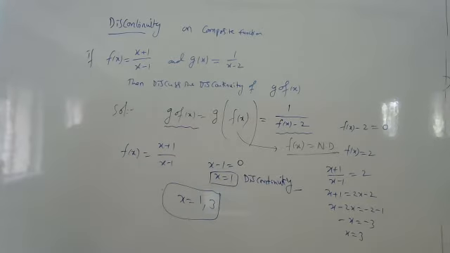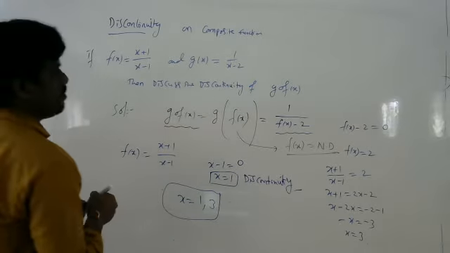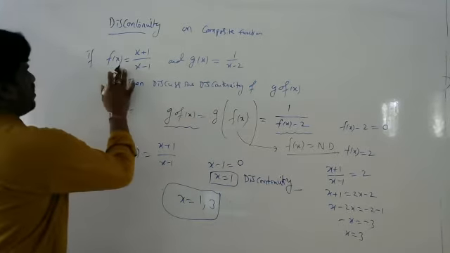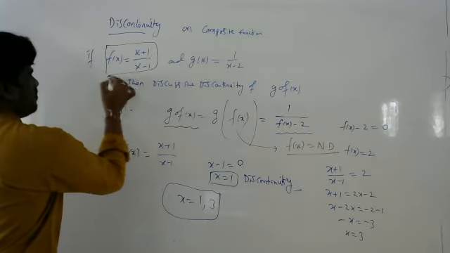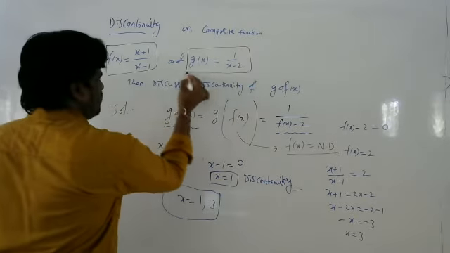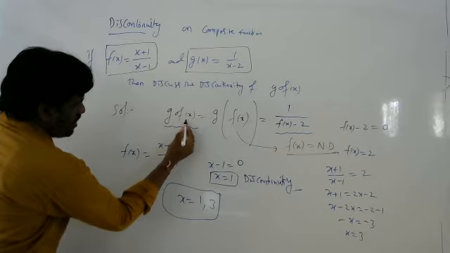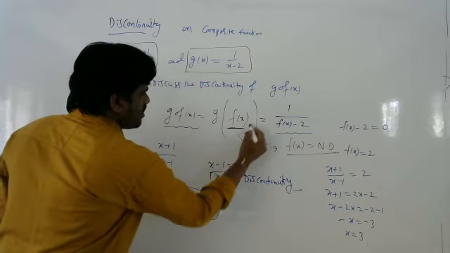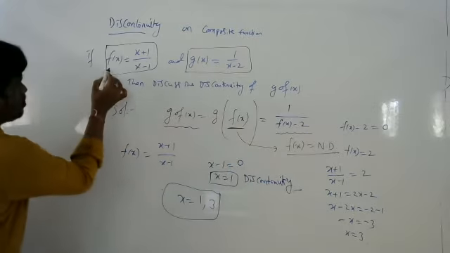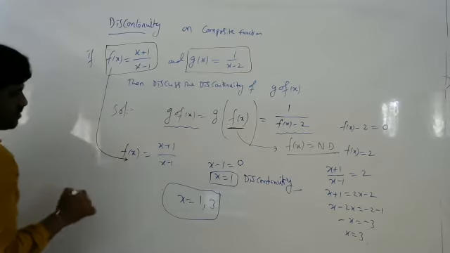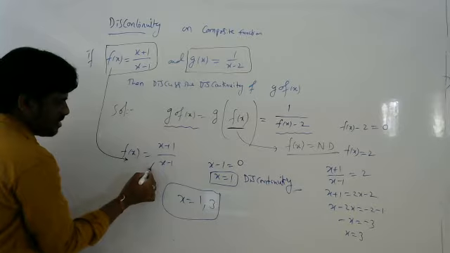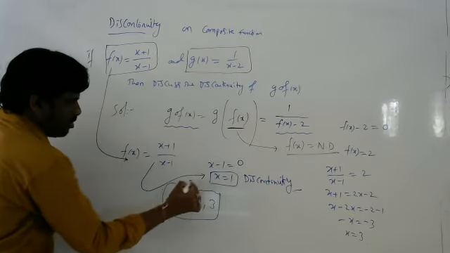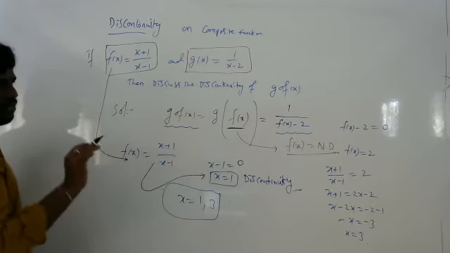I repeat again. Whenever you get a composite function and you want to find its discontinuity, f of x is given and g of x is given. If they ask to find g circle f of x, we need to check where the function f of x is not defined. x is equal to 1 is not defined, so that is the discontinuity place.